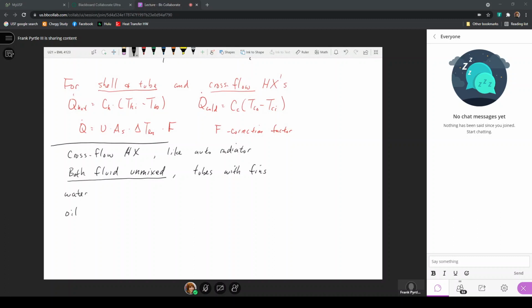And here, this water and oil, so this is not exactly like your automobile radiator, but this would just be two liquids moving through a cross flow heat exchanger, so that one of them is moving through the tubes and the other is the cross flow that's moving over the tubes. Here we'll consider that the oil is the cross flow fluid and the water is the tube fluid.